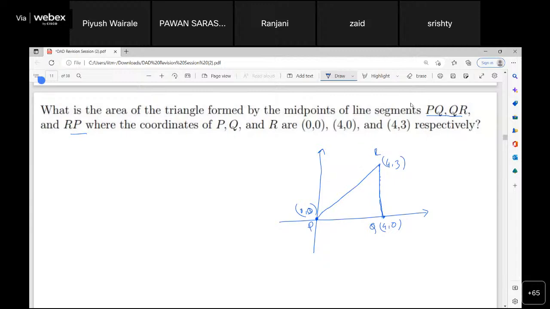We want the area of the triangle formed by the midpoints of PQ, say M, QR, say N, and PR, say O. If we join these 3 points, what will be the area of the triangle OMN? This is the area we have to find. So anyone, how should we proceed?